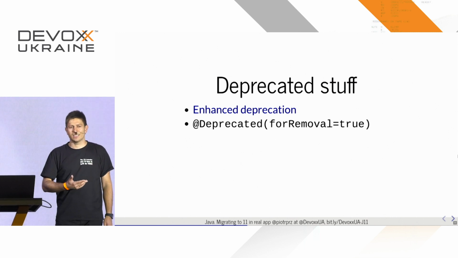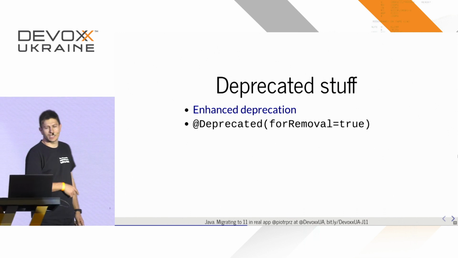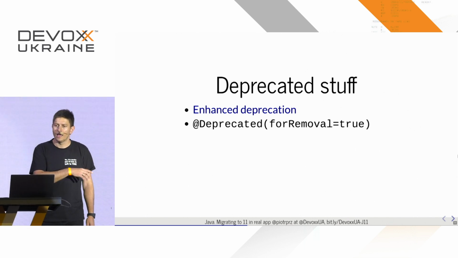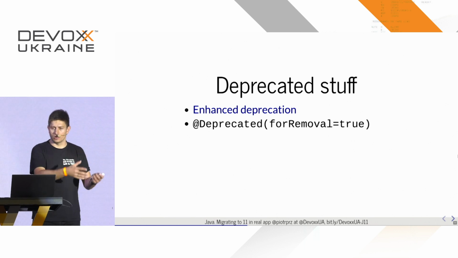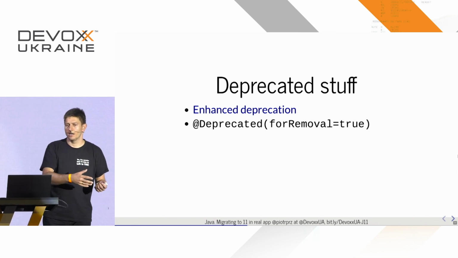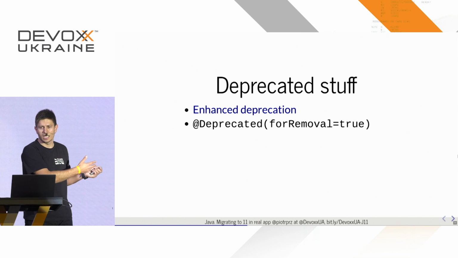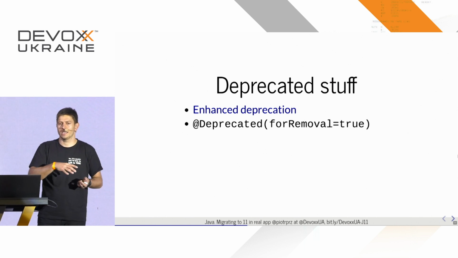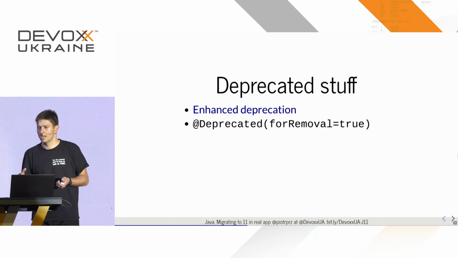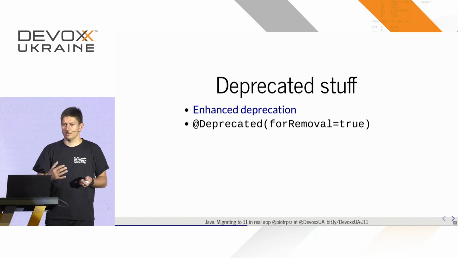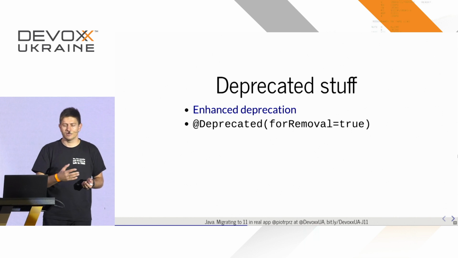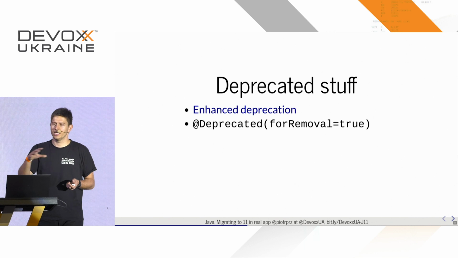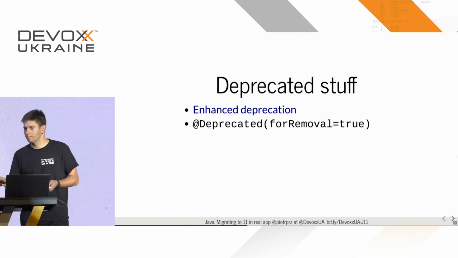Now we have this enhanced deprecation and the capital D Deprecated annotation, which can have forRemoval set as true, meaning now the vendor of this API, which is annotated like this, doesn't make any guarantees that in the next version, this piece of API, like method or class, is still going to be present. Meaning, if you see a method in Java annotated as Deprecated with forRemoval true, this means in the next Java release, this method might be gone.